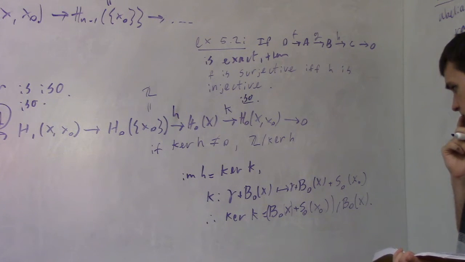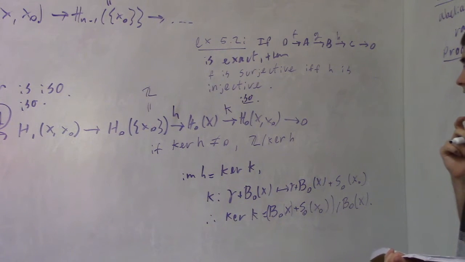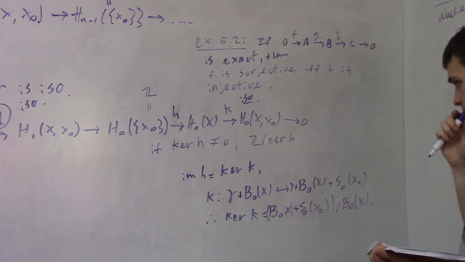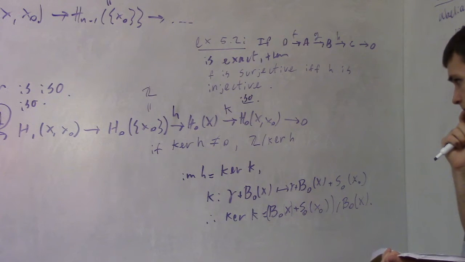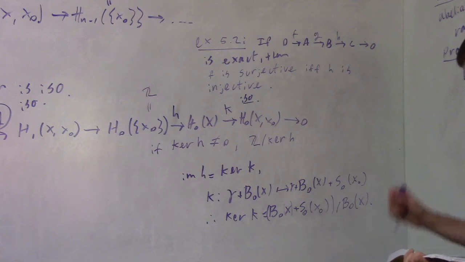K is surjective, right? Yeah, by exactness. I think there might be some isomorphism theorems that go into that. Are you thinking of the second isomorphism theorem? That's what I thought when I saw this. I think so.